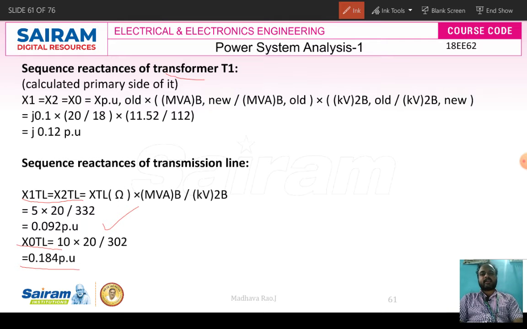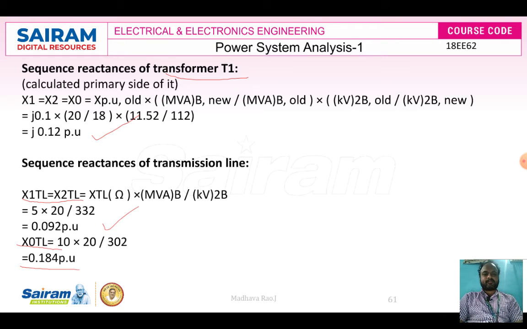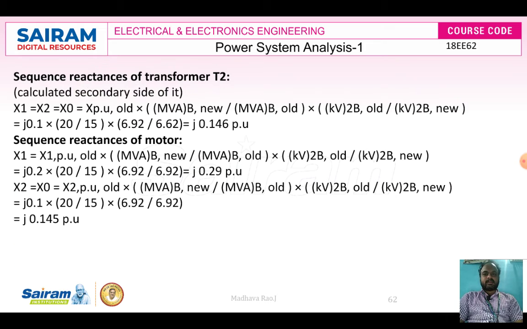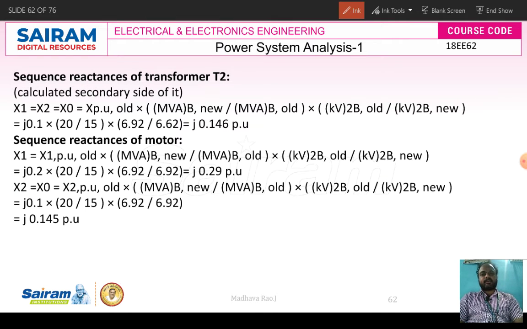For the transformer reactance, the new value we got is j0.12 per unit. For transformer 2, x1 is equal to x2 is equal to x0, and with that formula we finally get j0.146 per unit.